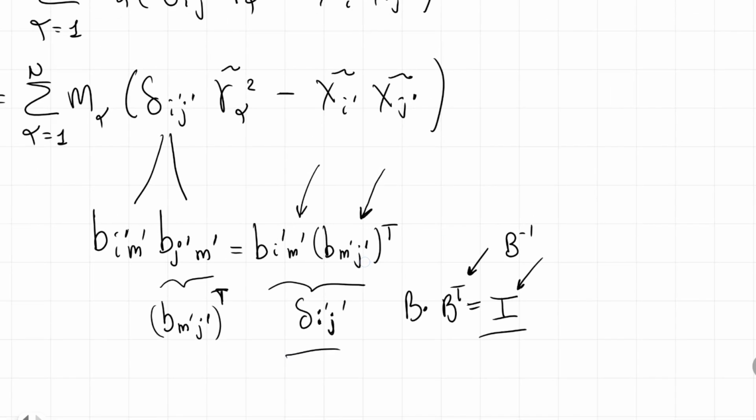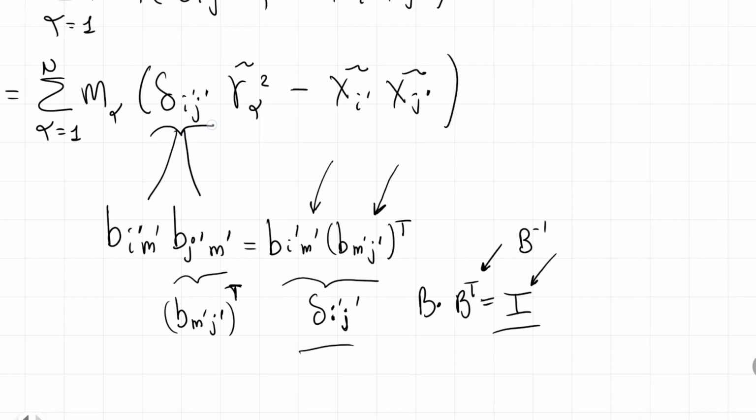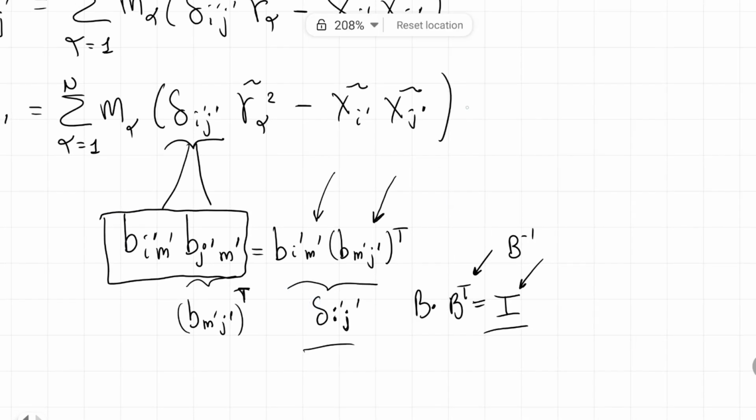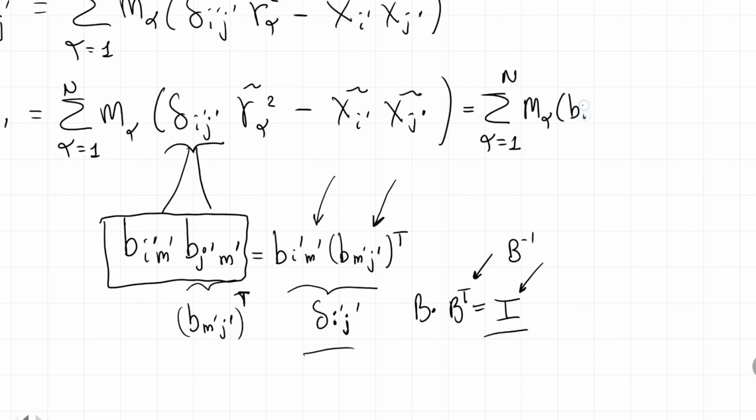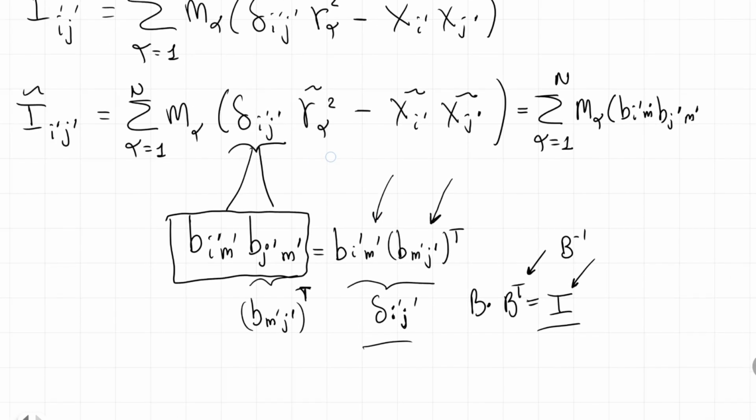Perfect. So that means that we can replace this Kronecker delta for this product that we have here. So we are going to get that this is equal to the sum from alpha equals 1 up to n, the mass of alpha, then b i prime m, b j prime m prime, and then r alpha squared.